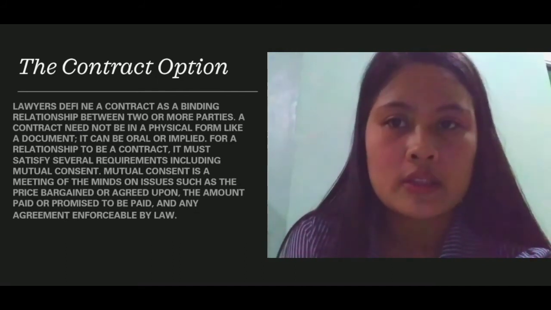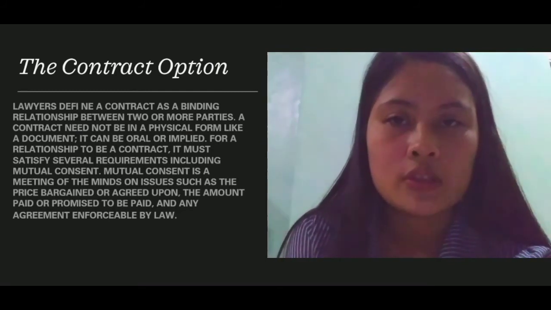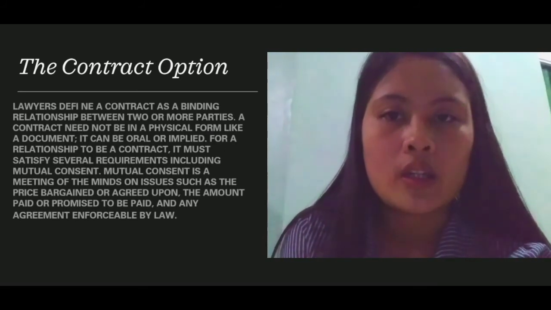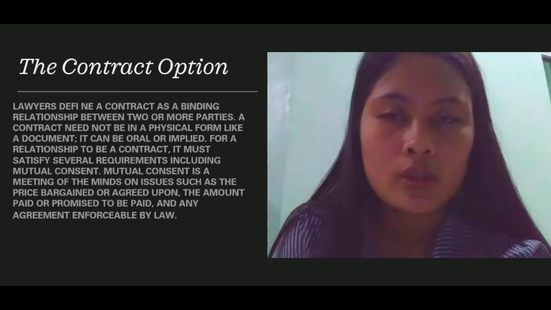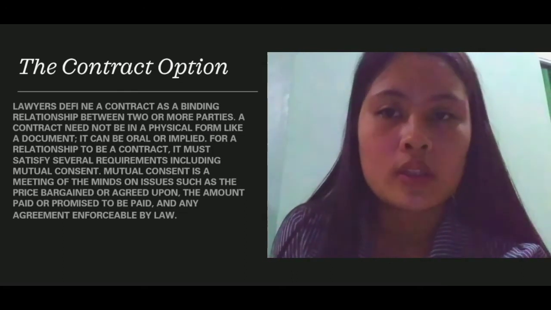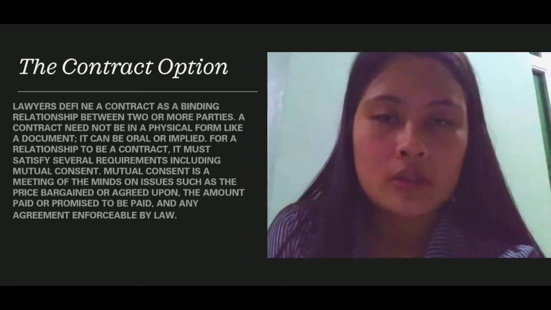Mutual consent is a meeting of the minds on issues such as the price of the bargain or the agreed upon amount paid or promised to be paid in any agreements enforced by law.